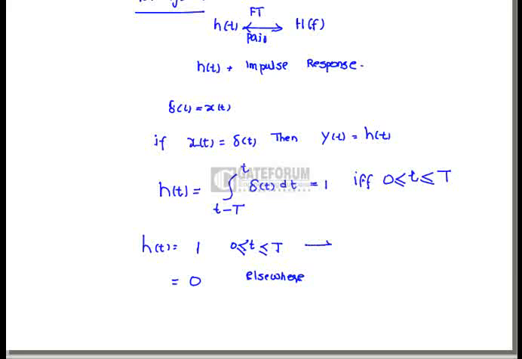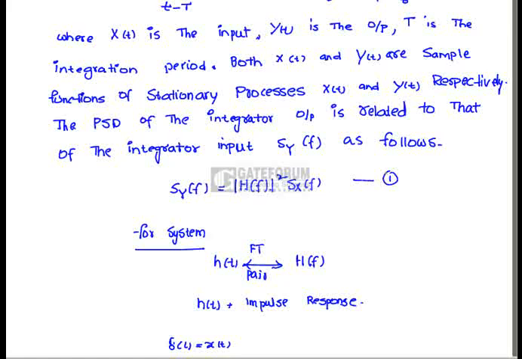If you find the Fourier transform of this particular impulse response, we will get the frequency response. After getting the frequency response, we have to substitute this expression in equation 1.